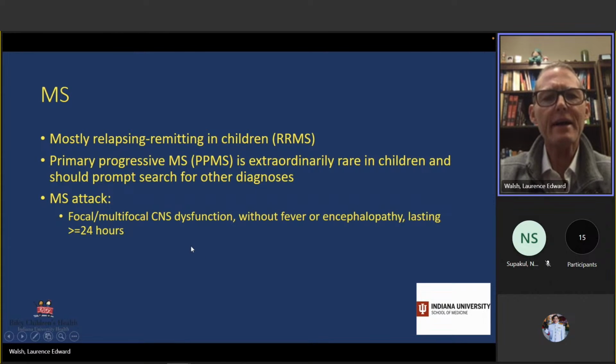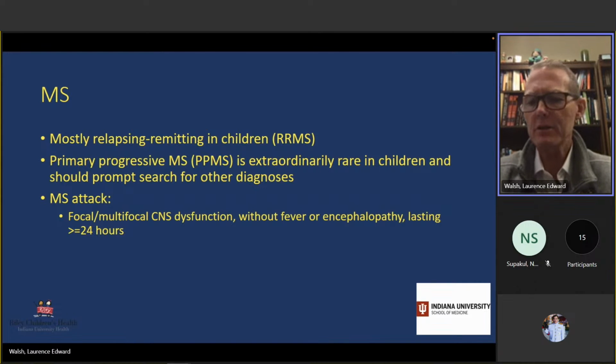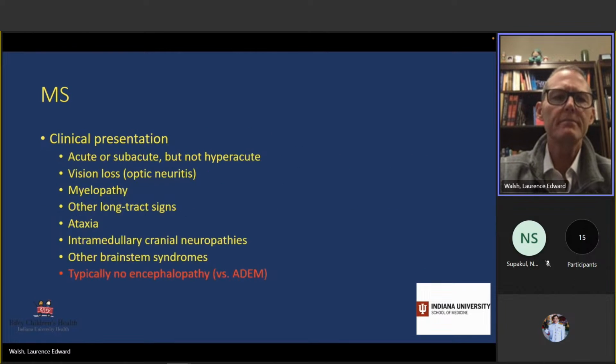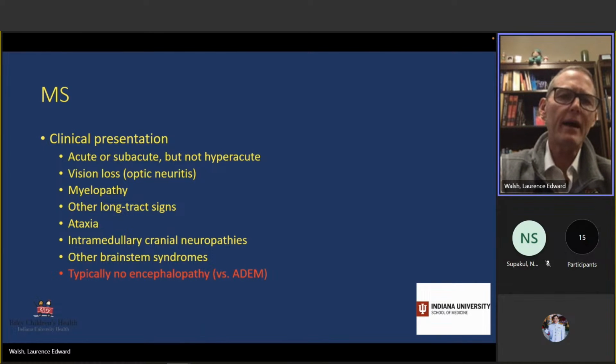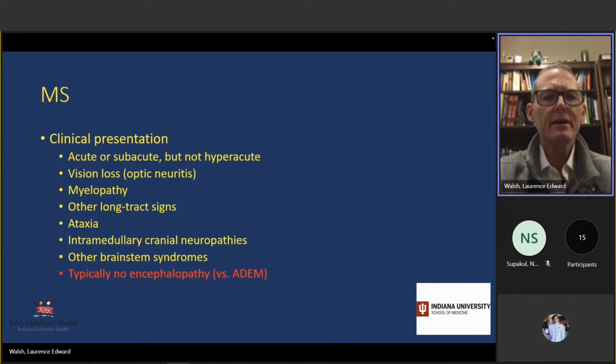So an MS attack is some sort of focal or multifocal CNS dysfunction without fever or encephalopathy, distinguishing it from ADEM, lasting at least 24 hours. Again, not hyperacute, but more on the order of hours to a few days. Vision loss, spinal cord lesions, other long tract signs, ataxia.